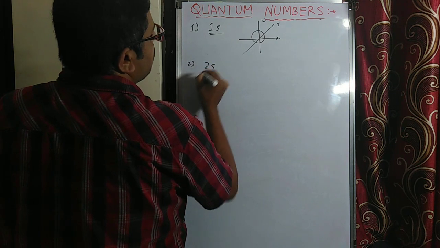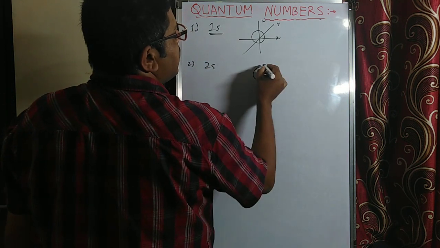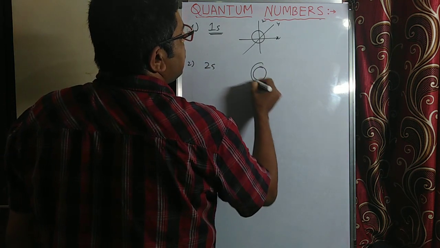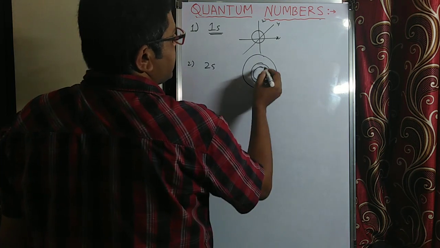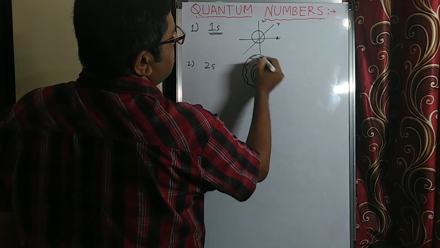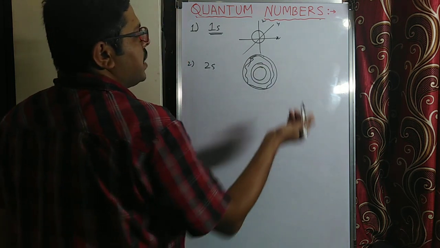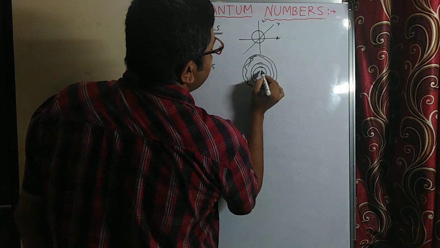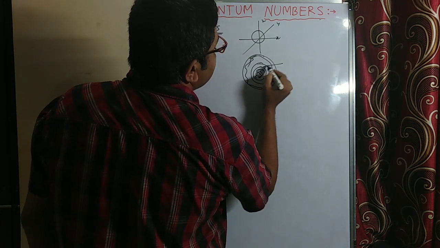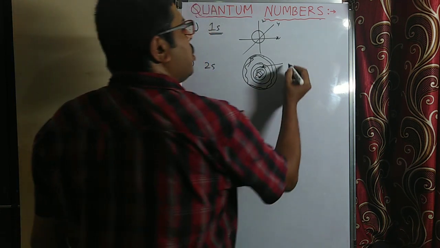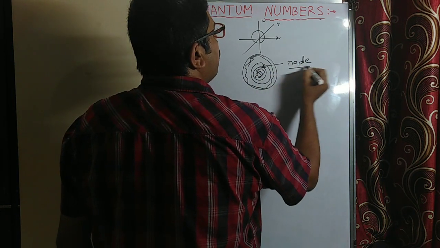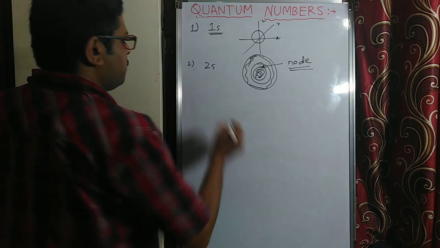When it comes to the 2s orbital, this is 1s, then here there is a small space left, then it is 2s. Shade this region, but this is the place where the probability is 0. We call it a node.